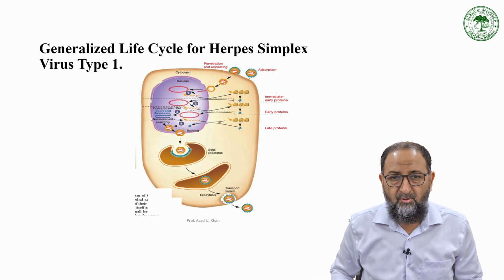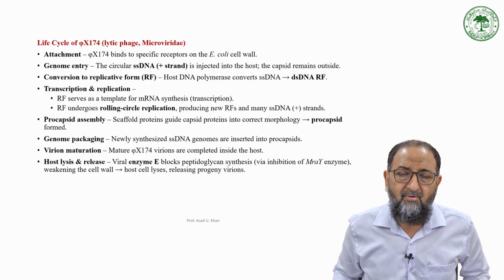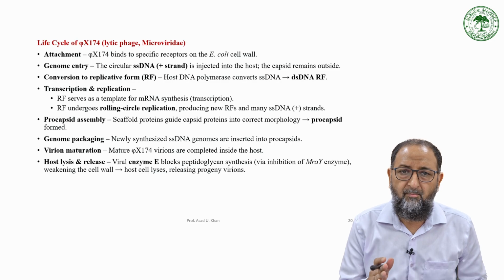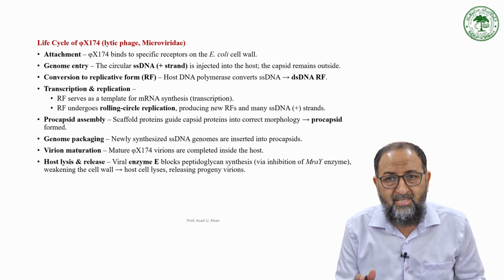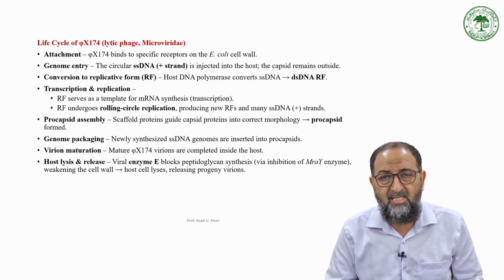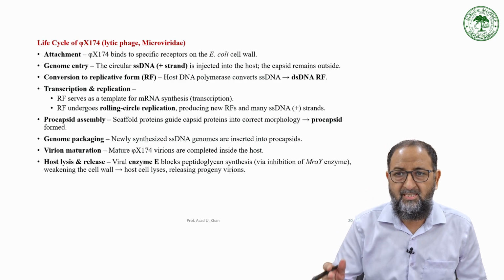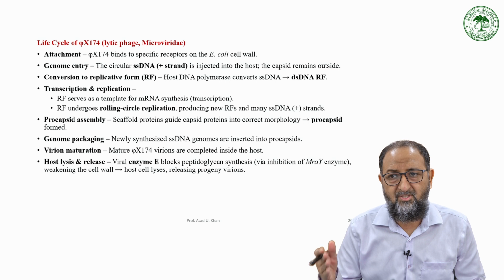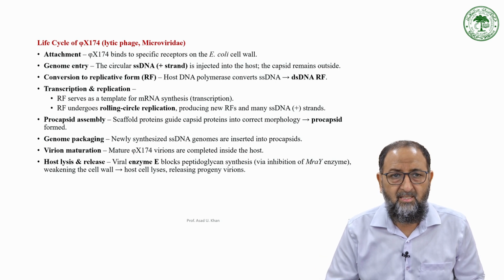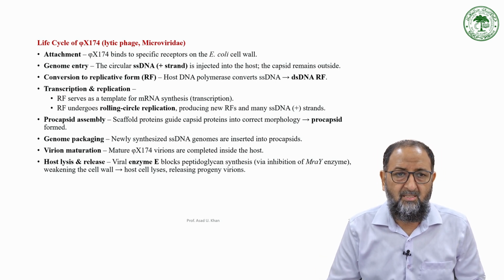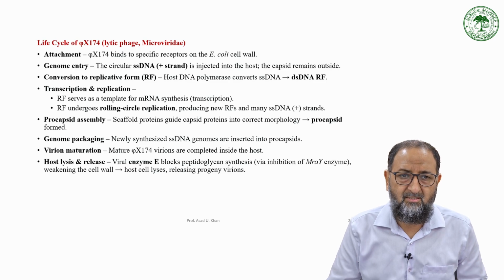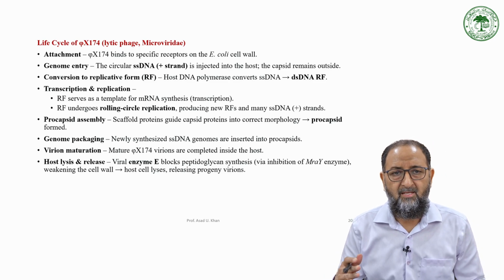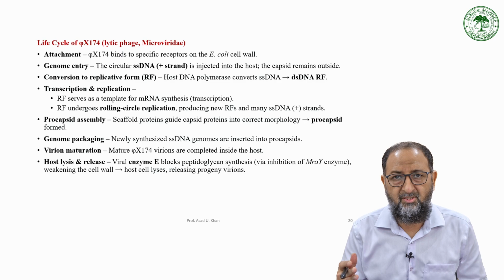The earlier example was of an animal virus; this is the bacterial virus, where the conversion to the replicative form takes place, that is, host polymerase converts it into double-stranded DNA, which we call RF, the replicative form, right? And transcription starts, with the RF serving as a template for the synthesis of mRNA.